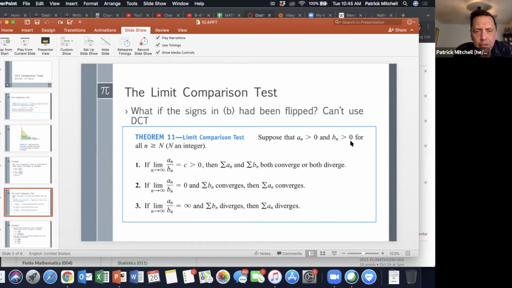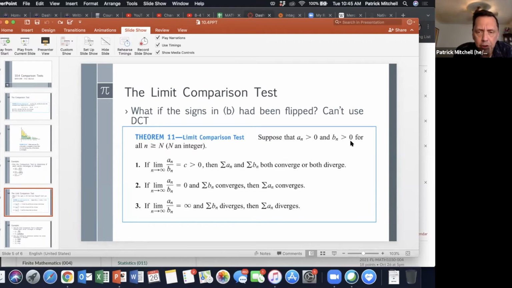Very briefly, number 2 and 3. If the limit as n increases without bound of a sub n over b sub n is equal to 0, and the series b sub n converges, then the series a sub n also converges. So the idea there is that the series a sub n is growing much more slowly than the series b sub n.